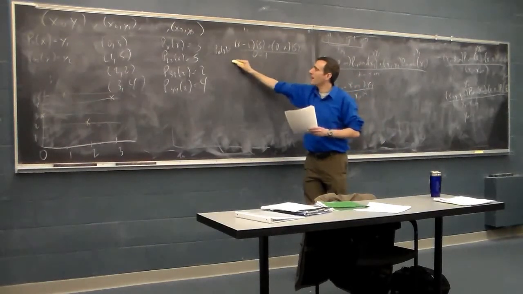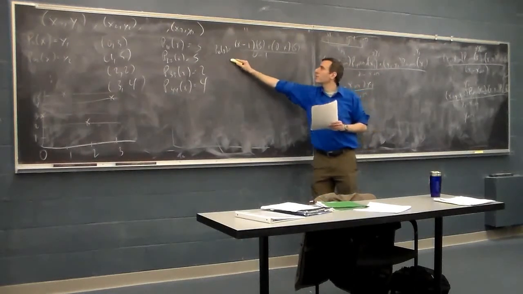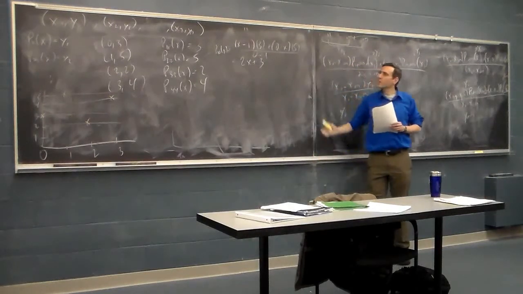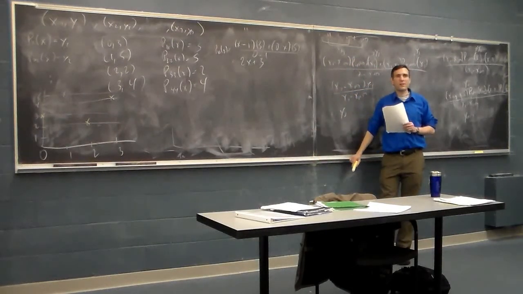And if we put all of that together, what we're going to get is that this reduces to 2x plus 3. And you can observe that this is, in fact, a first-order polynomial.